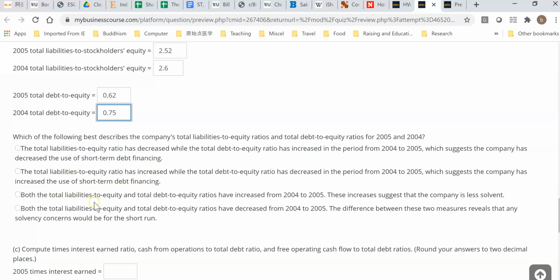And both the total liabilities to equity and the total debt to equity ratios have increased, which is not correct. Both ratios have decreased from 2004 to 2005, which is correct. And the difference between these two measures reveals that any solvency concerns would be for the short run. Actually, the lower these ratios, the less concern for solvency, because a higher ratio indicates the firm has more liabilities that need to be paid. So the last choice is correct.